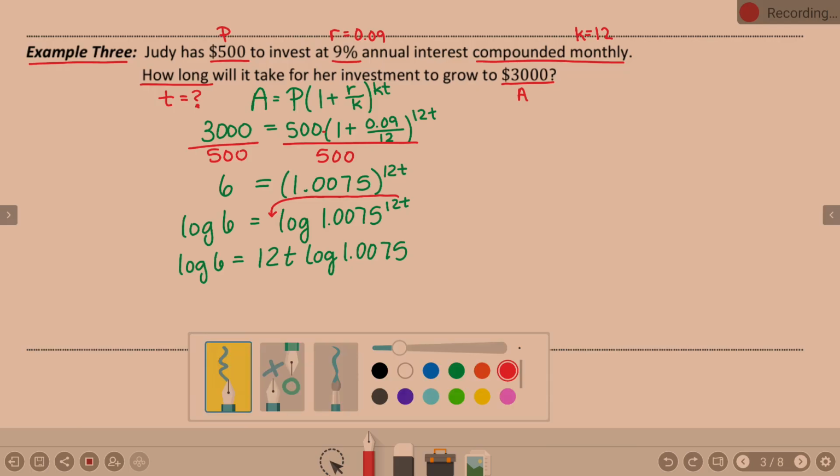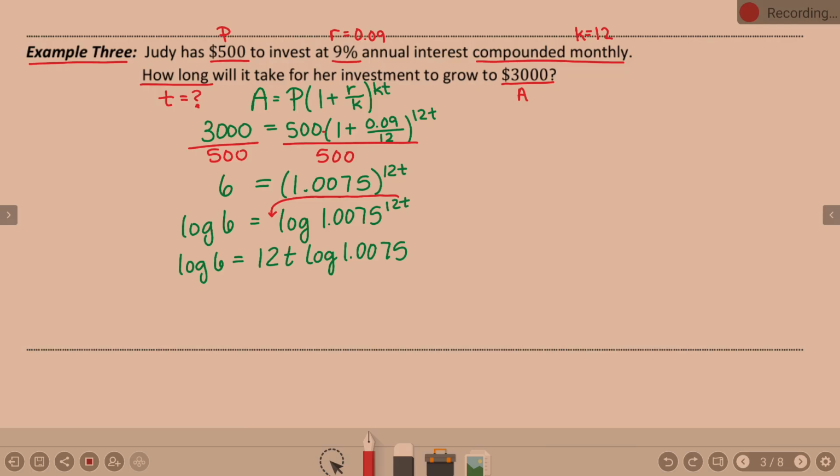Divide by log of 1.0075. Could you do this in 2 steps? Yes. If I start with just dividing by the log of 1.0075, you're left with 12t equals log 6 divided by log of 1.0075. And you can do that, right?